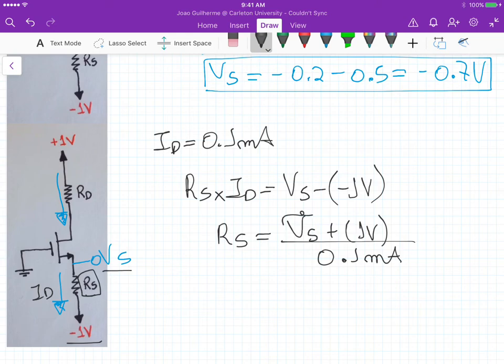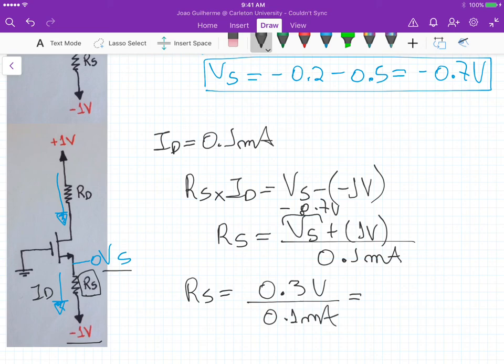Because VS is minus 0.7 volts, RS is equal to 1 minus 0.7, so 0.3 volts divided by 0.1 milliamps, and this gives us 3 kilo ohms.